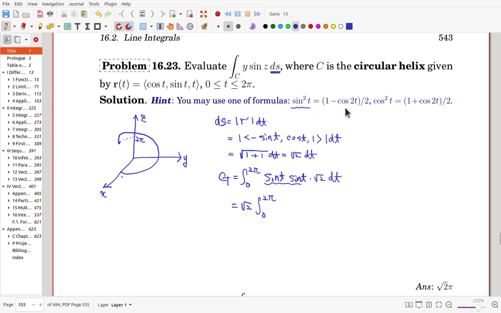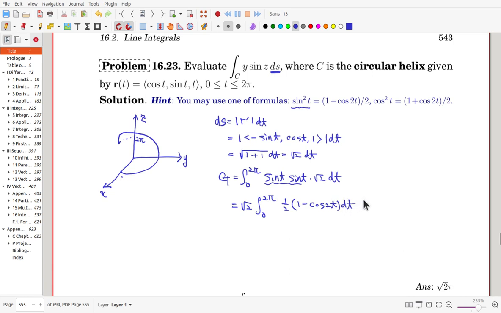Sine squared of t is half of 1 minus cosine 2t, and cosine squared of t is half of 1 plus cosine 2t. So that is half of 1 minus cosine 2t, and dt.